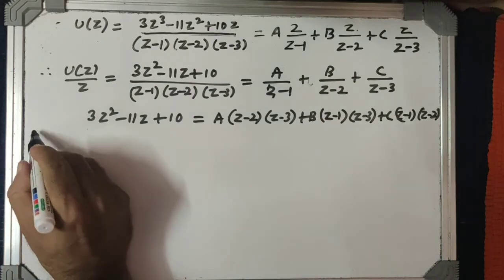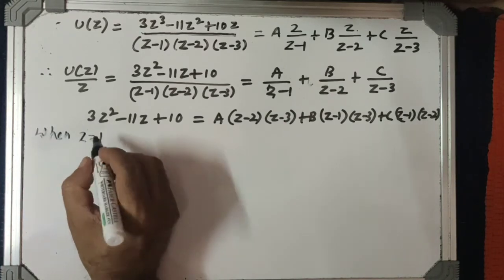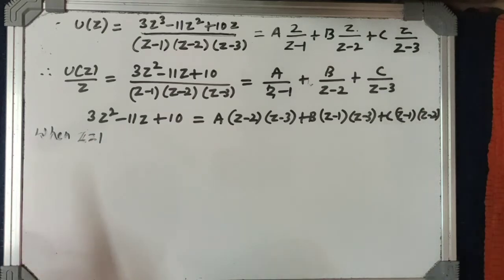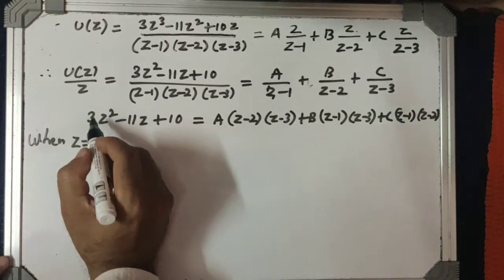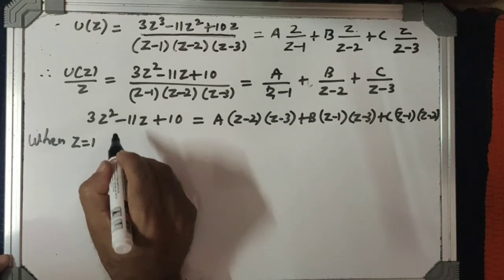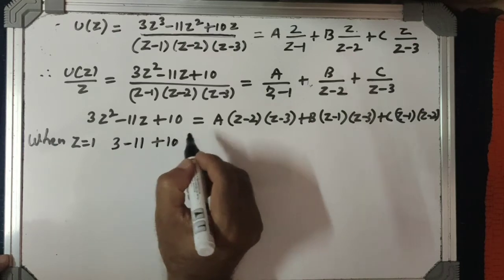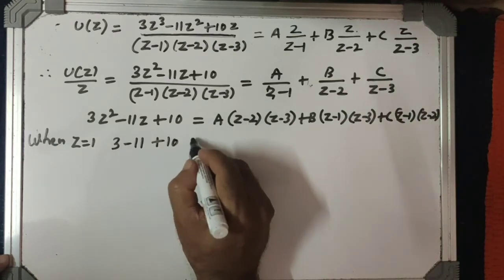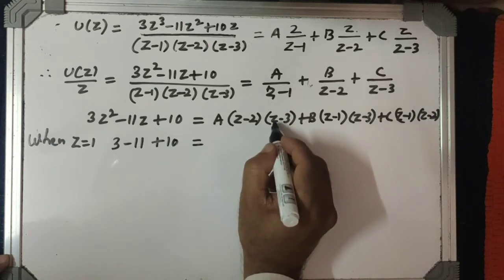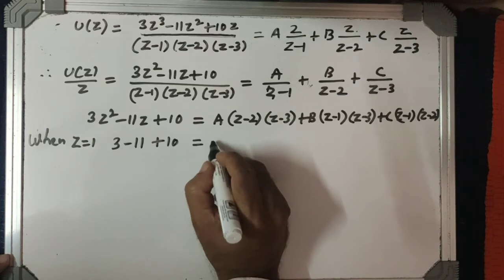When z is equal to 1, this is 3 minus 11 plus 10. So these two terms are 0. So z equal to 1 minus 2 into 1 minus 3 is minus 2, minus into minus plus 2, into 1 is 2, 2a.